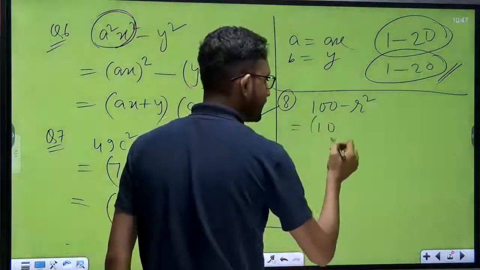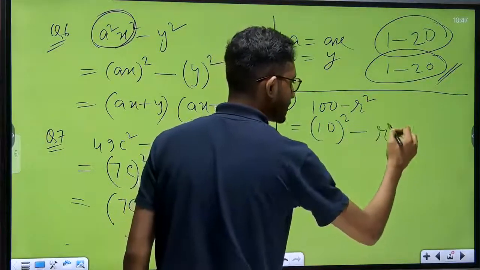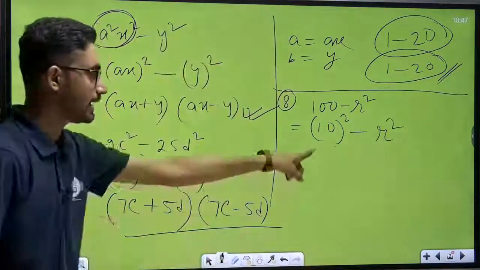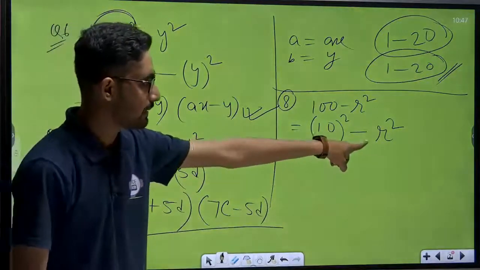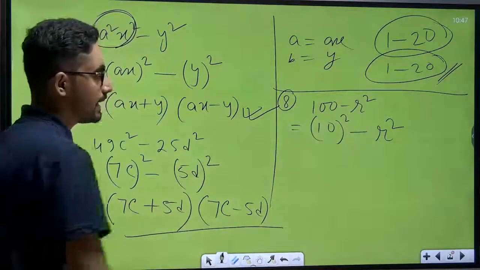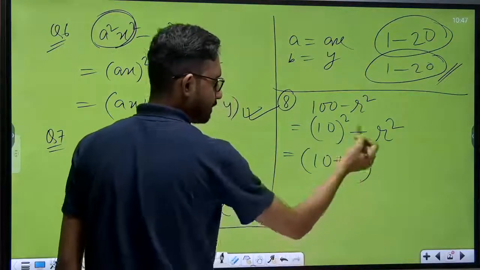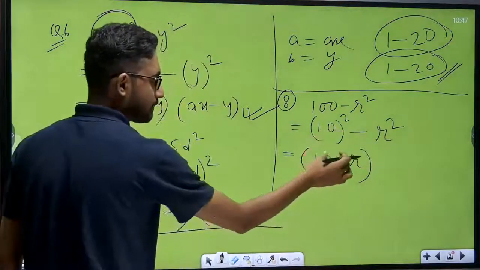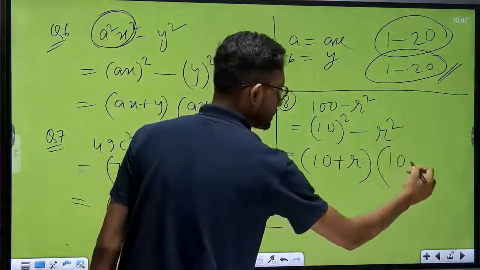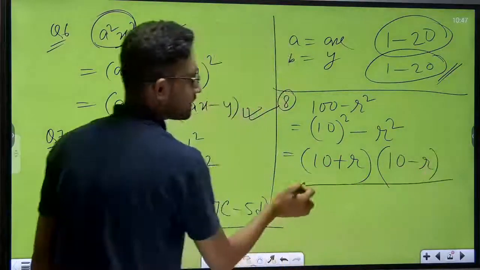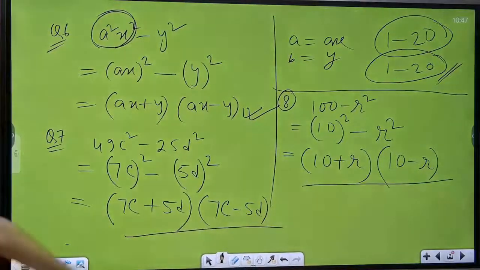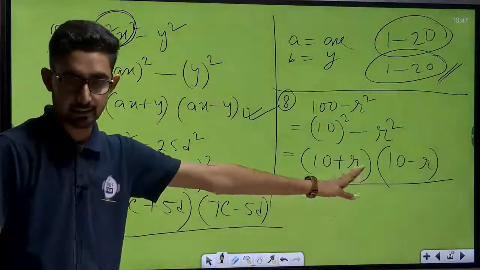Ten square minus r square. So here a is equals to 10 and b is equals to r. So we can say a plus b and a minus b, that is, 10 plus r and 10 minus r. That is the correct answer. Okay, done. No further steps are needed for this. This is the complete answer.